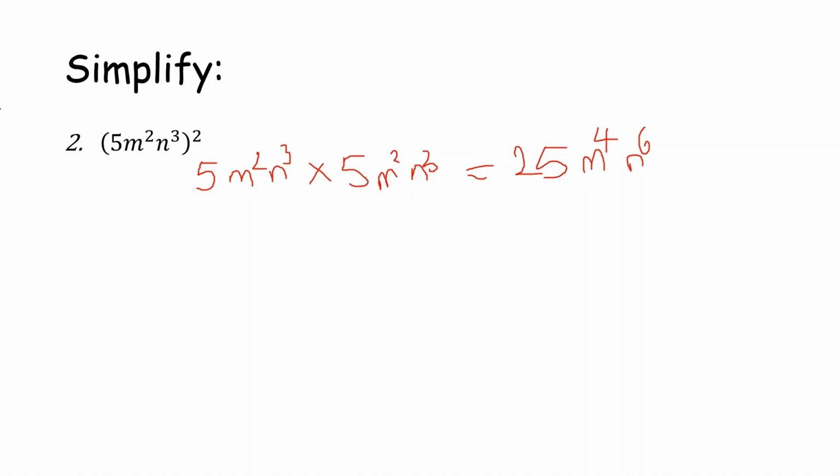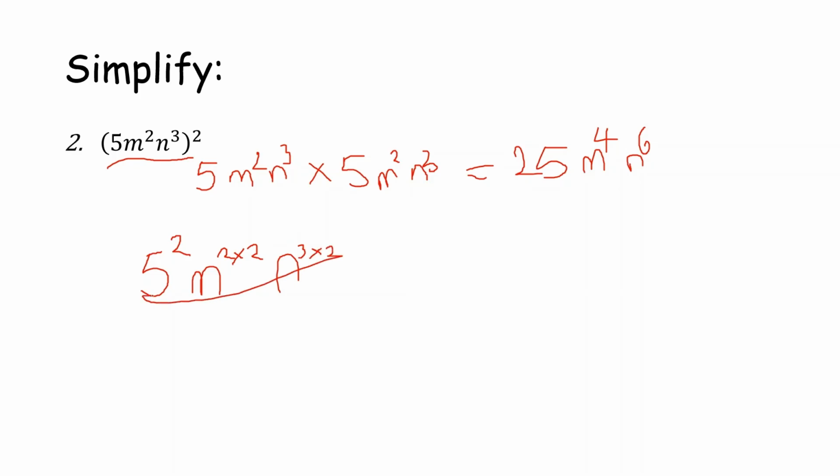So let us apply the law of indices to this and see what we are going to have. If you look at this question, we have 5 m squared n raised to power 3, then raised to power 2. This means 5 raised to power 2, using the law. Then we have m raised to power 2 times 2, then n raised to power 3 times 2.